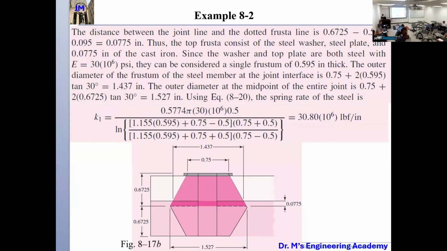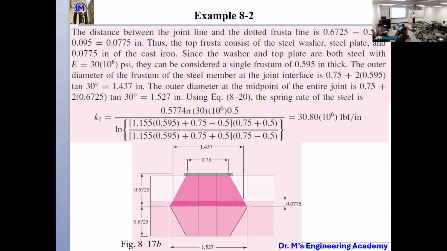This is a 30 degree angle. Can you see that? So this is 30 degrees, and I know the thickness here, this is thickness T1, which equals 0.595.